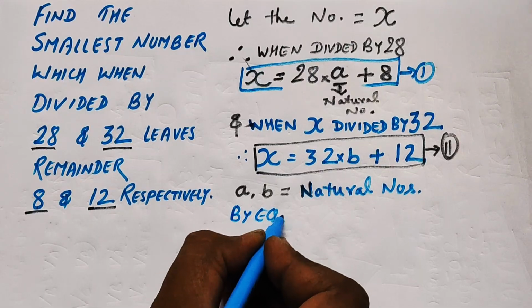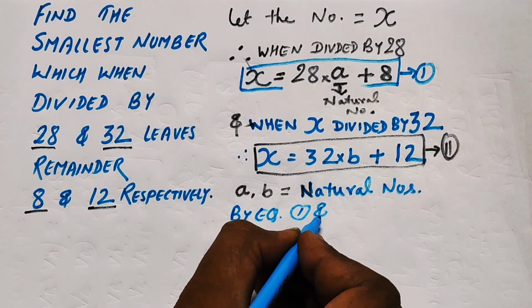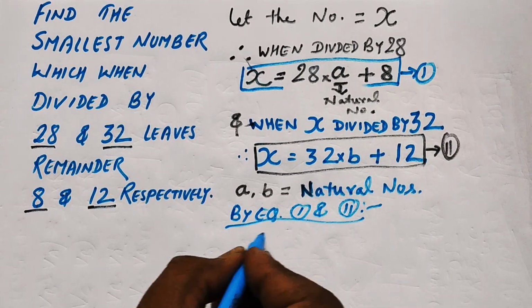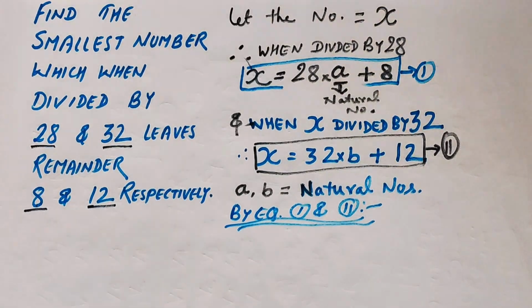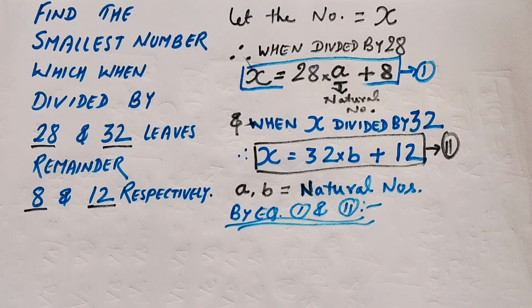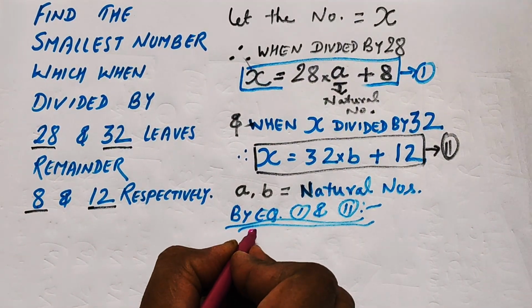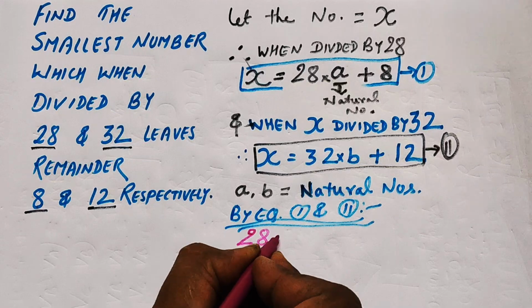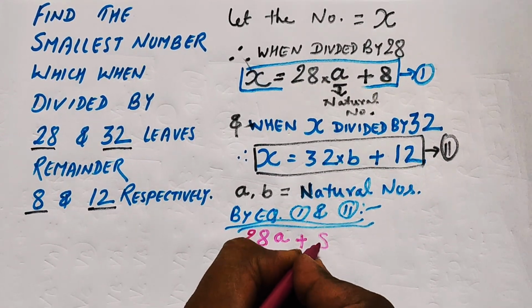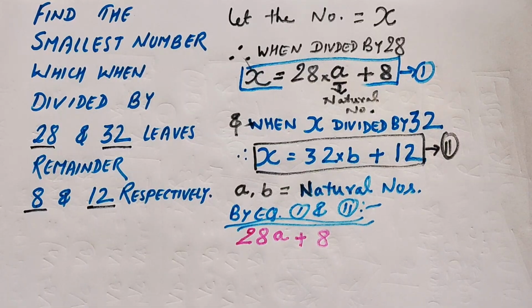So by equation number 1 and 2, as I said earlier, we can see the value of x is common, that is the same, that is 28 into a plus 8. Let me write it, changing the color, 28 into a plus 8, that is equation number 1, is equal to equation number 2.